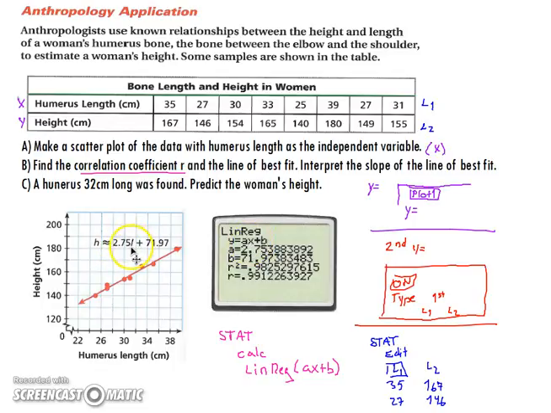So when you do 2.75 times 32 plus 71.97, just so you know we substituted in 32, you end up with about 159.97. So essentially about 160 centimeters.